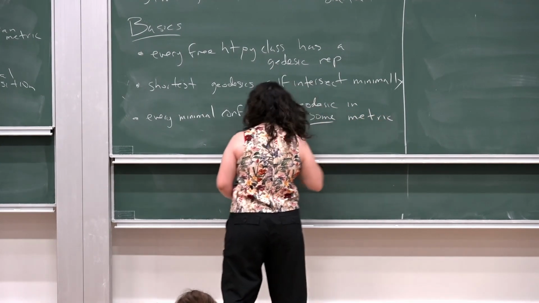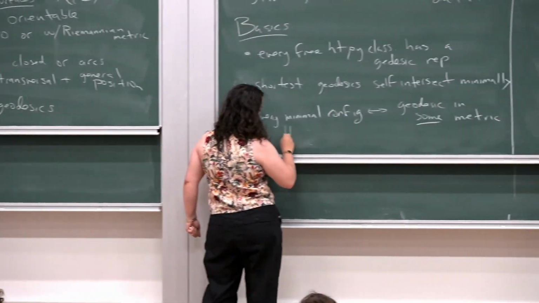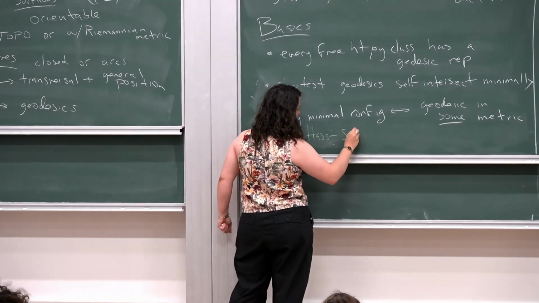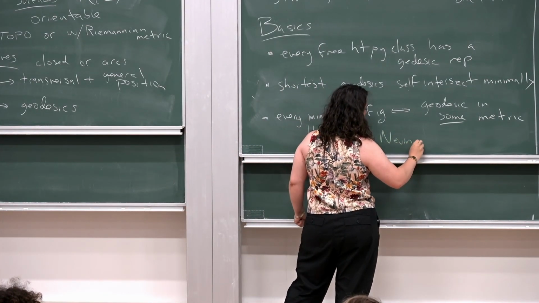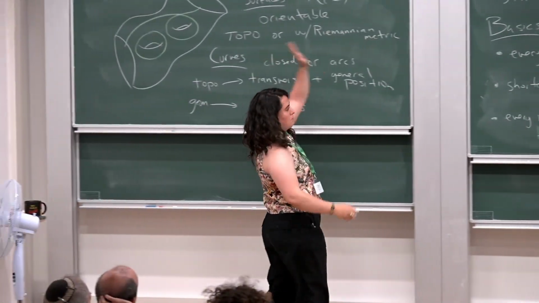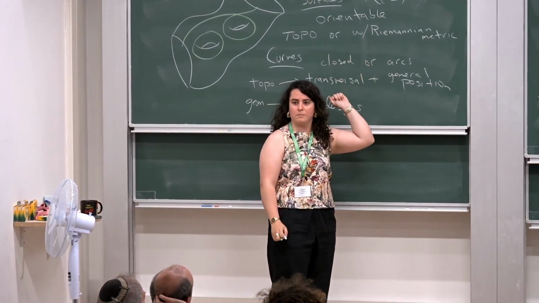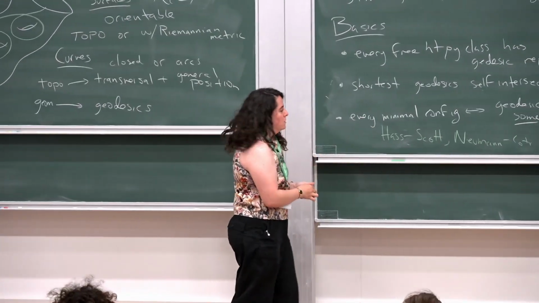And this is by work of Haas and Scott, and Neumann-Coto, which, by the way, I wrote it, but I didn't say it. The results in this talk are joint work with Max Neumann-Coto. Okay, so what do I mean by a minimal configuration?